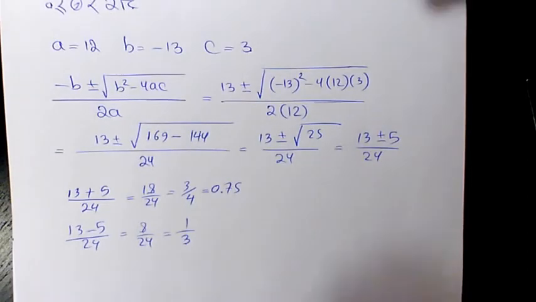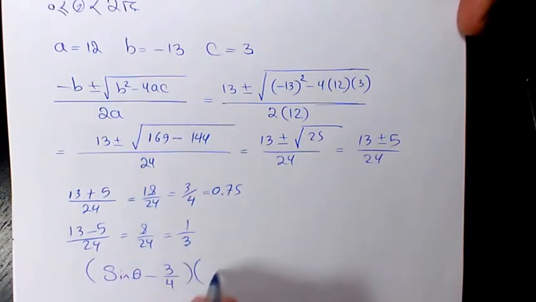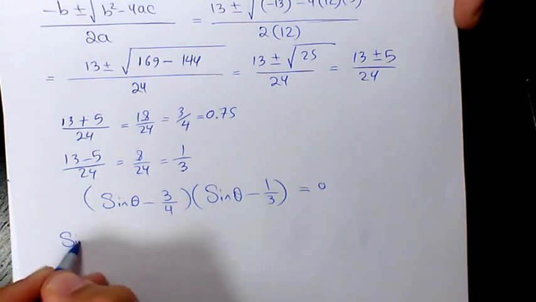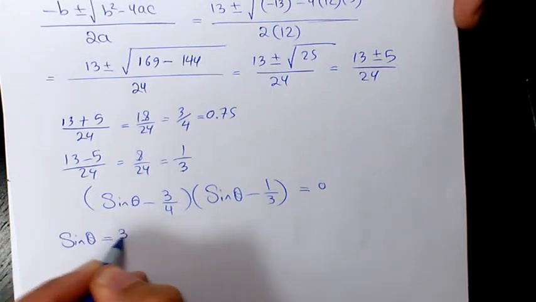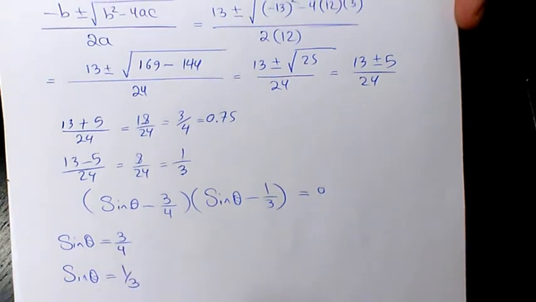So basically we can write it as sine theta minus 3 over 4 times sine theta minus 1 over 3 equals 0, or you can say sine theta equals 3 over 4 and sine theta equals 1 over 3.